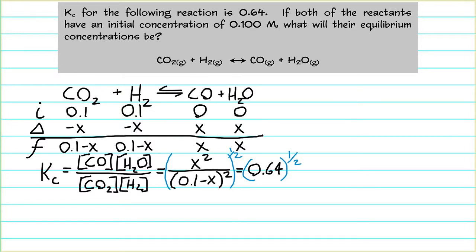And what we end up with is 0.80, and that is equal to x over 0.1 minus x.